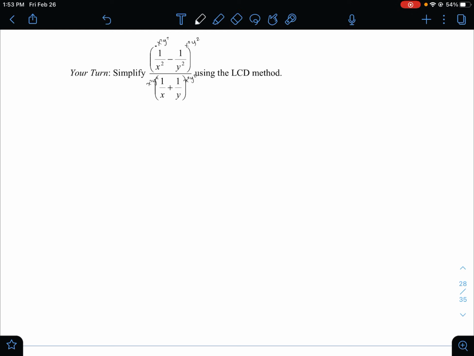All right, so I'm going to go ahead and write this out before we start canceling things. So I have x squared y squared all over x squared, minus x squared y squared all over y squared. I'm going to write my division horizontally. Then I have x squared y squared over x, plus x squared y squared over y.